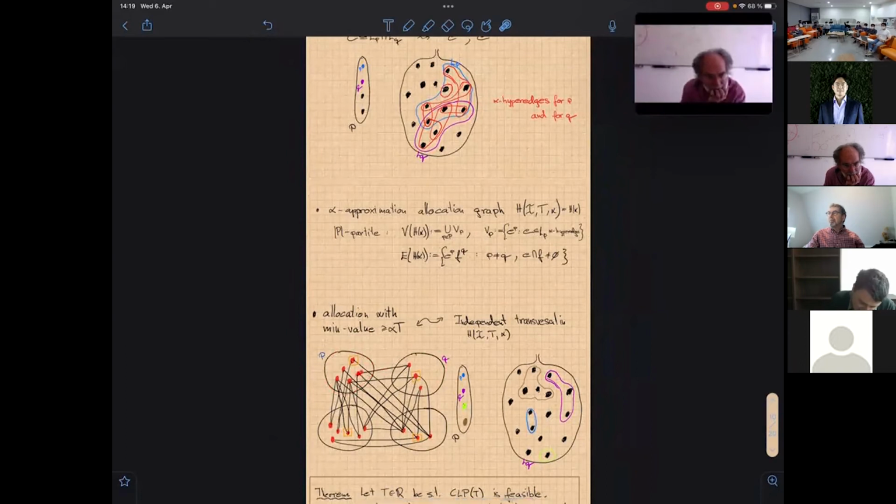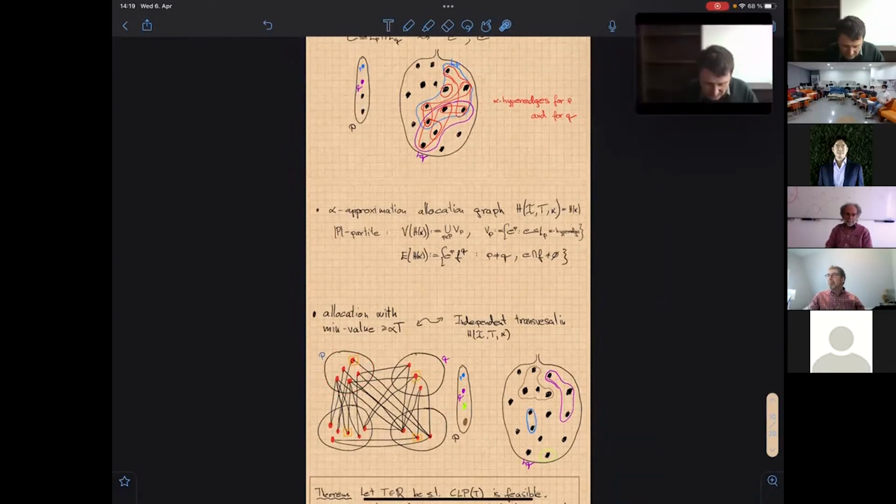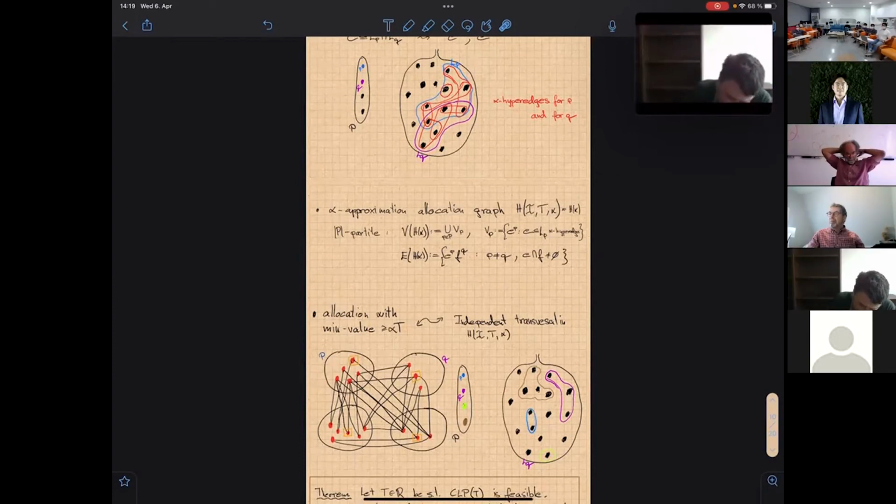Because that means they cannot both be allocated to their respective owners, because they share some resource which cannot be allocated to both P and Q. So this is this graph, and very important, inside here you don't draw any edges. I don't care that these alpha hyperedges here intersect. I am looking for an independent transversal, so I am not drawing these edges. I don't care if these alpha hyperedges intersect.